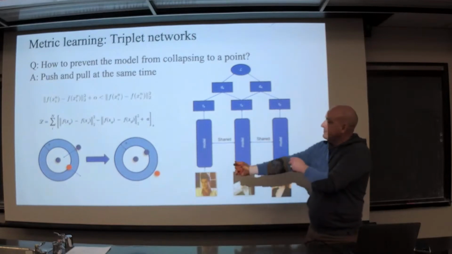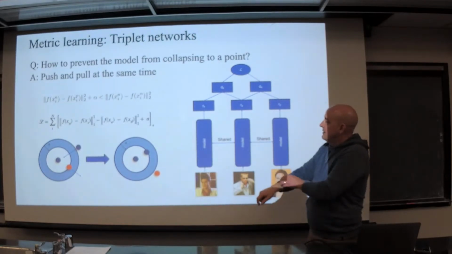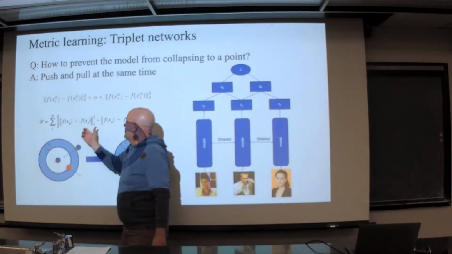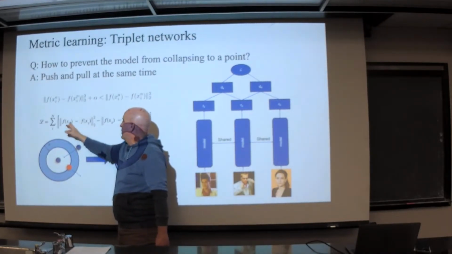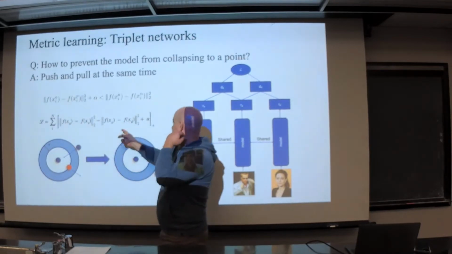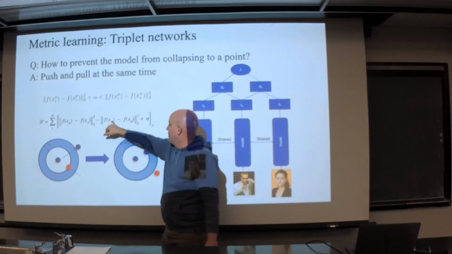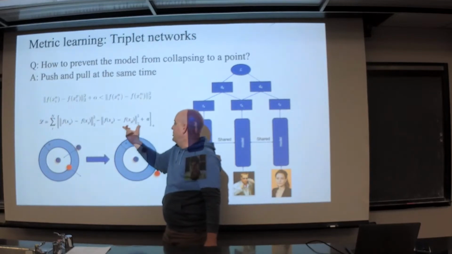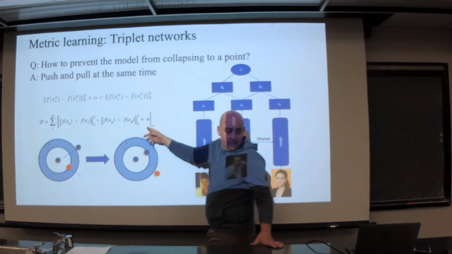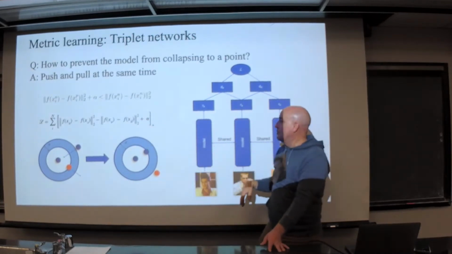The way this looks here is we have a term that we want to minimize for our anchor and our positive, or same example, and then we have a term for our anchor and our different or negative example. But notice that there's a minus sign here, and notice that we have a margin here as well. It's alpha, not m, but it's playing the same role.